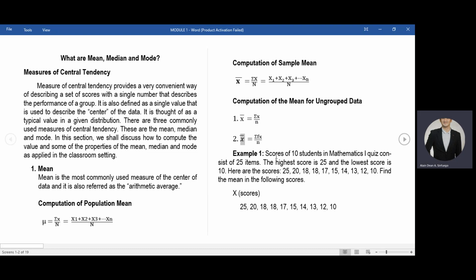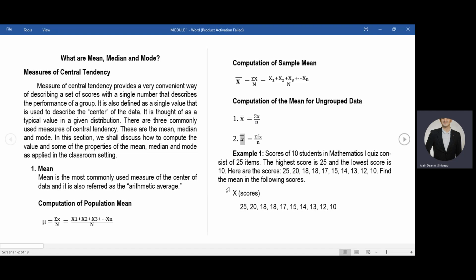We have the scores of 10 students in a Mathematics 1 quiz, which consists of 25 items. The highest score is 25 and the lowest score is 10. Here are the scores: 25, 20, 18, 18, 17, 15, 14, 13, 12, and 10. Now, we wish to find the value of the mean of these scores.